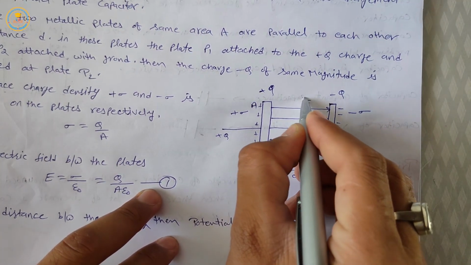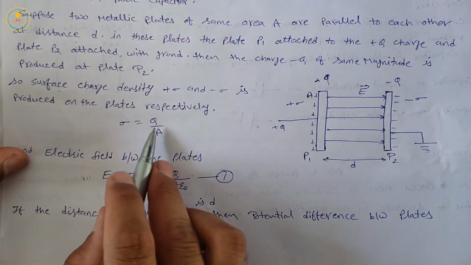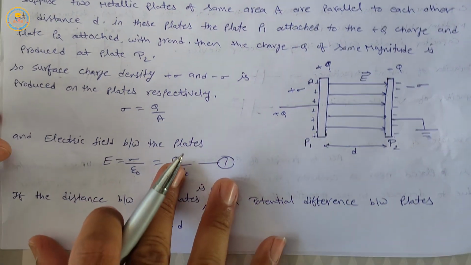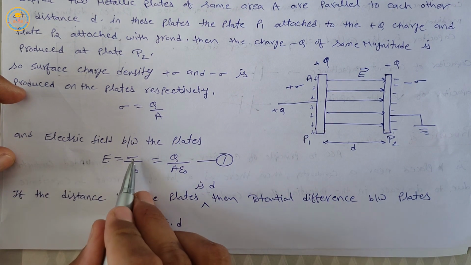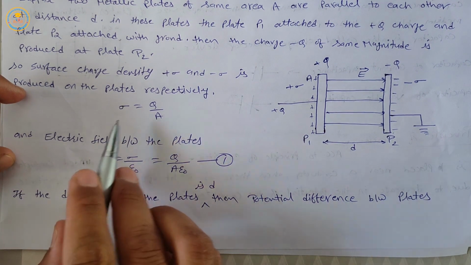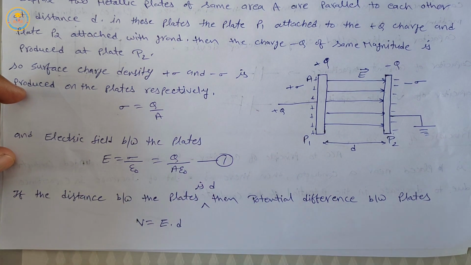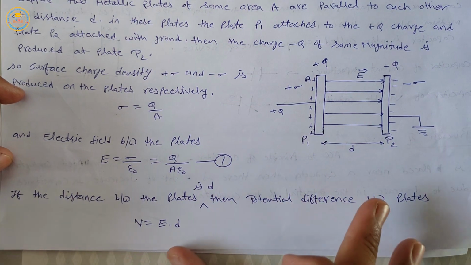This is the E vector. We know that sigma is equal to Q upon A. This is the surface charge density, and the electric field between the plates is equal to sigma upon epsilon naught. Putting in the value of sigma, E is equal to Q upon A epsilon naught. This is the electric field between the plates.